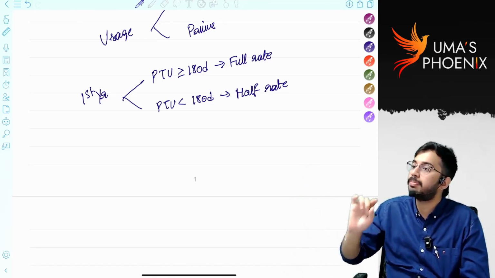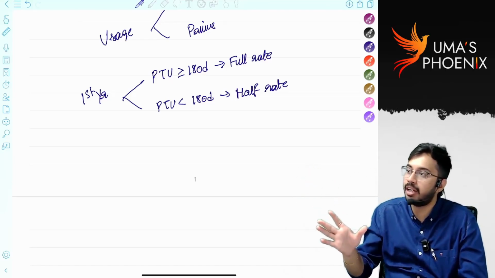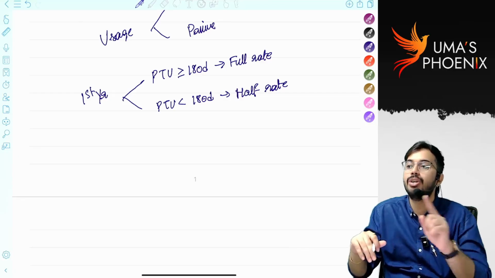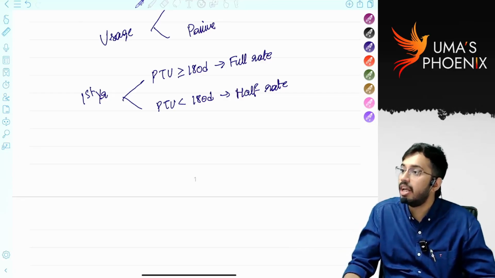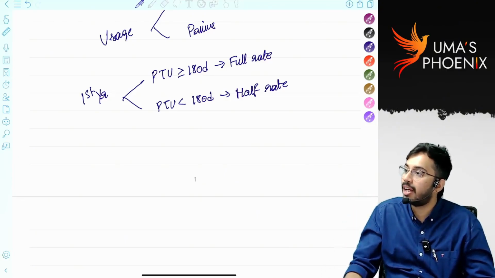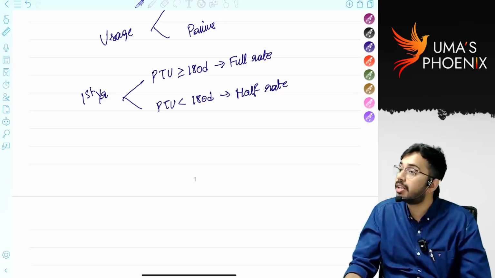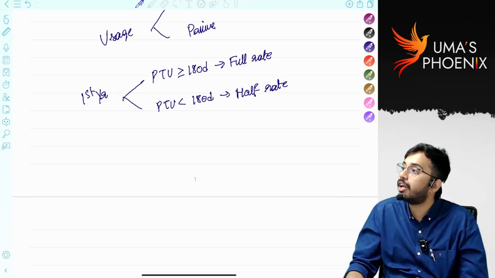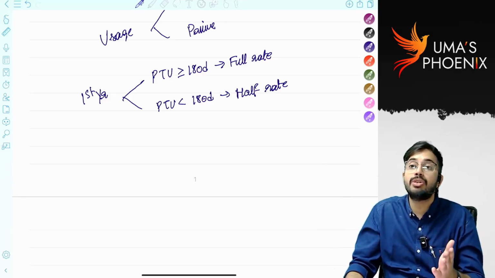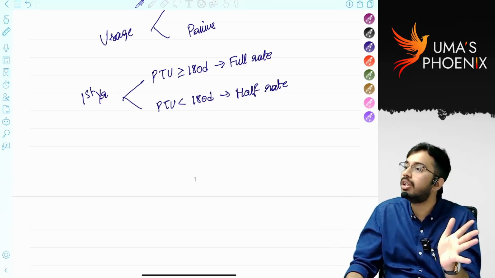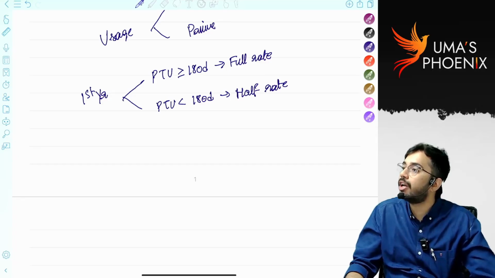If the asset is put to use for greater than or equal to 180 days, the Income Tax Act says to calculate the full rate of depreciation. If the asset is put to use for less than 180 days, the Income Tax Act says to calculate the half rate of depreciation. An asset is purchased on 31st March. Still, you can claim half rate of depreciation. Sir, the asset is used only for 1 day. Even though it is used for 1 day, you can claim half rate of depreciation.